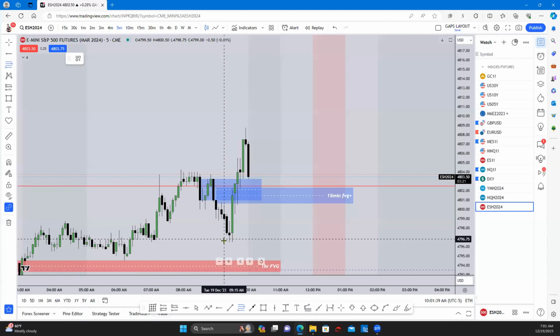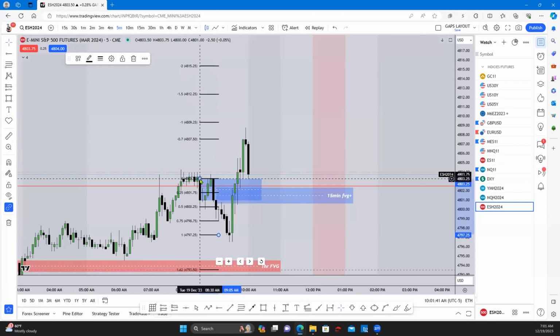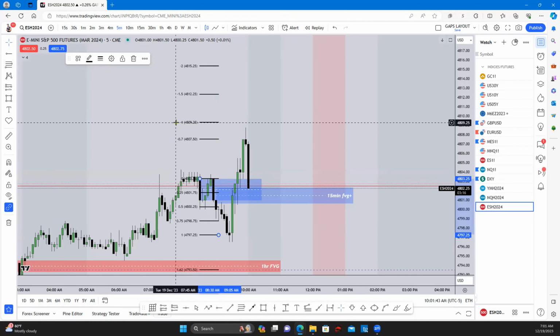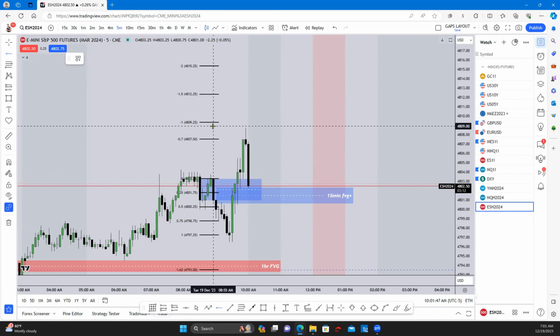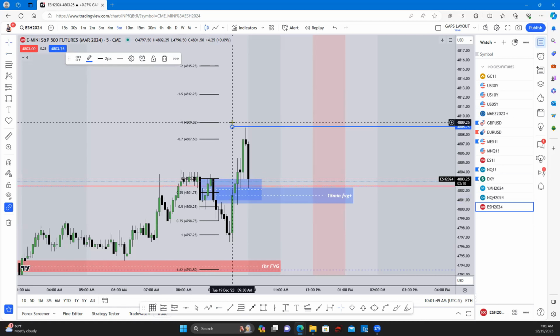We can maybe measure this move up and target this area. We can target that high.